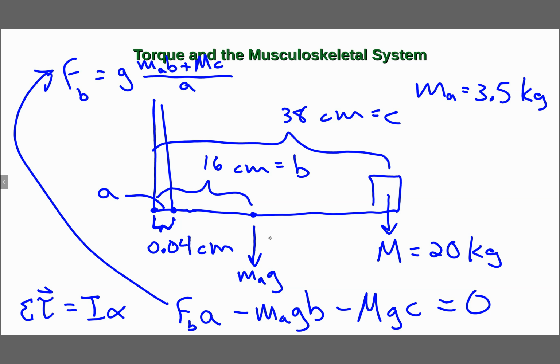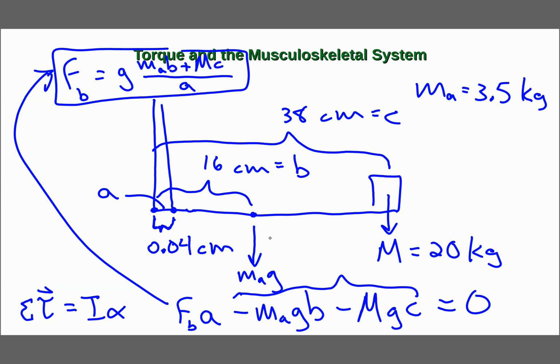So I move these two terms to the right side, and then I divide by A. That's all we had to do. And then if we plug in numbers, we find that we get a force of 1999 newtons. Okay?